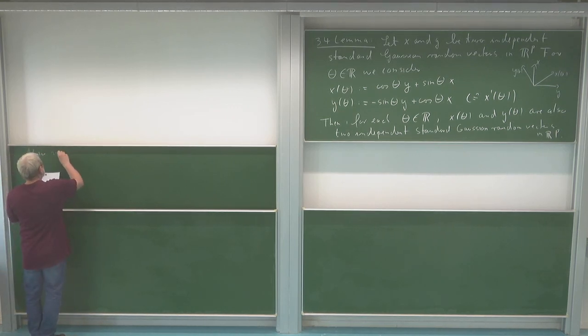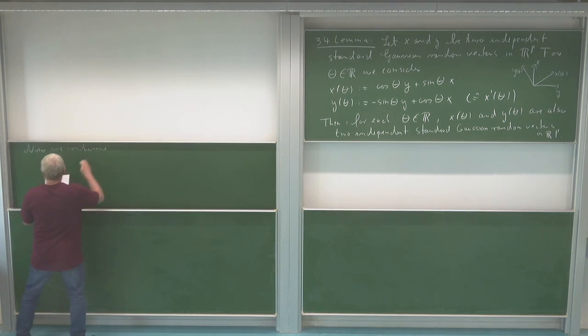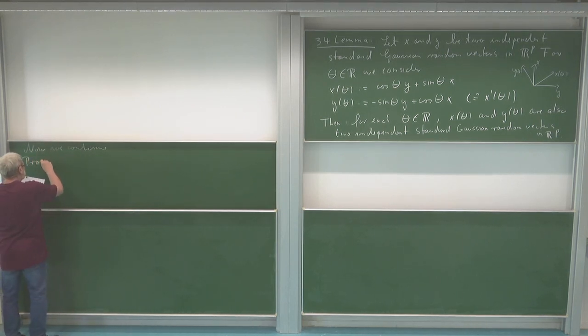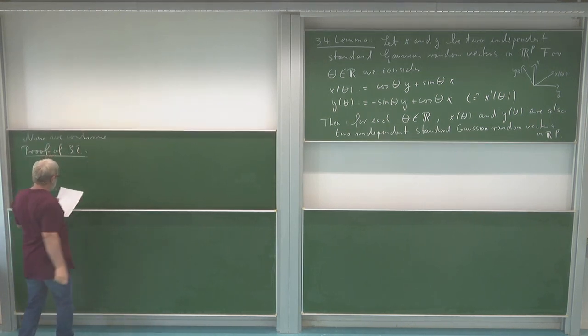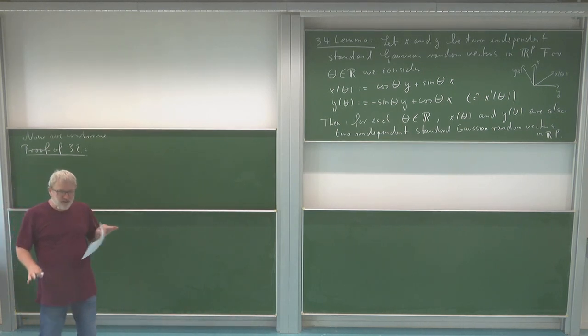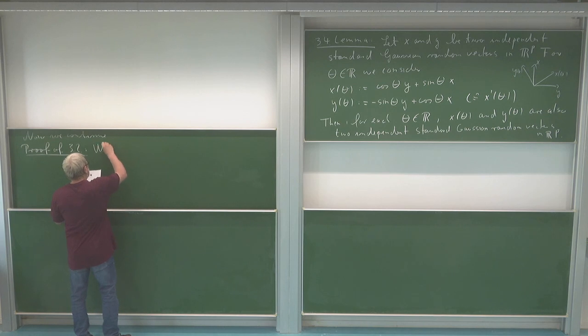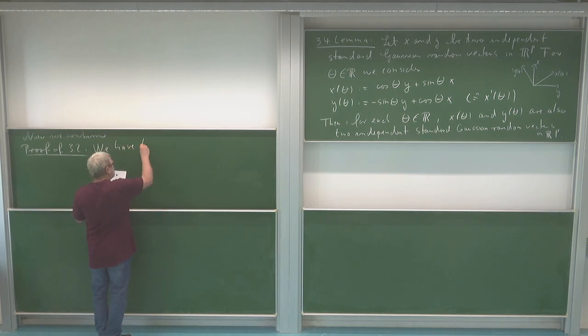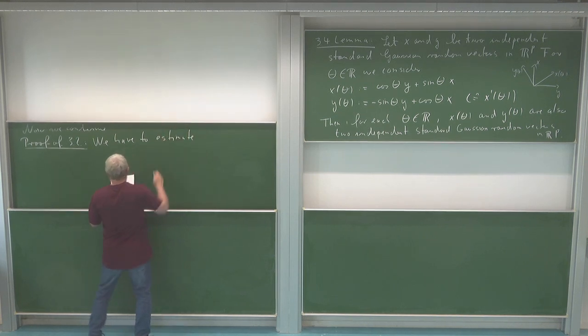3.2. So now we continue the proof of 3.2. And let us recall where we stand there, and then use this. Okay, so what we have to estimate, let me say it again.